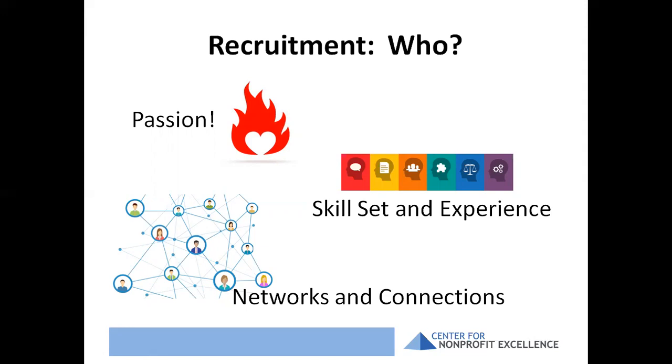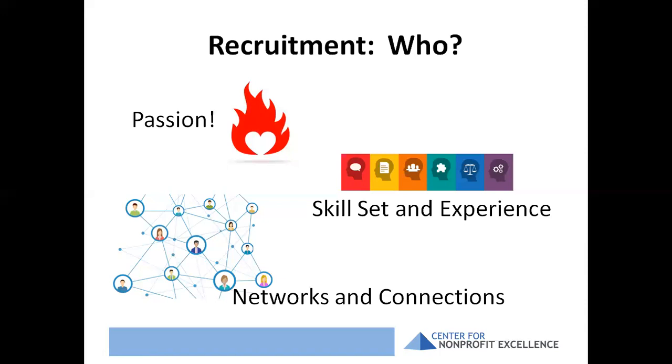And then after that, of course, skill set and experience is very important, right? So there are certain occupations, certain expertise that are helpful on a board. A CPA, a lawyer, a human resources specialist. Those particular professions can be very useful as part of a board of directors, but also you should be looking at other folks who can further your mission in other ways, right?